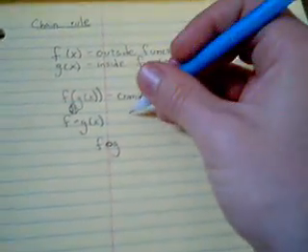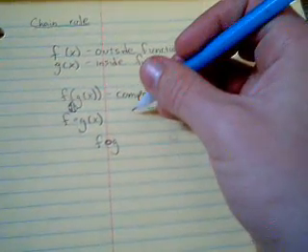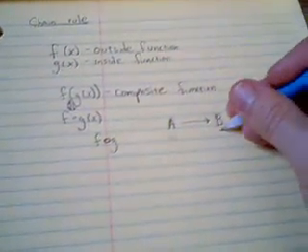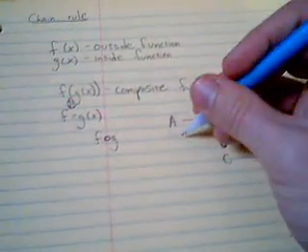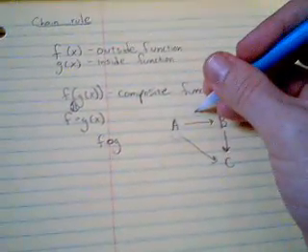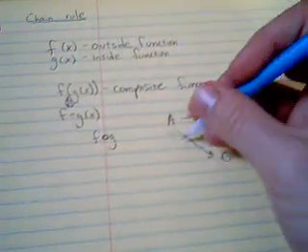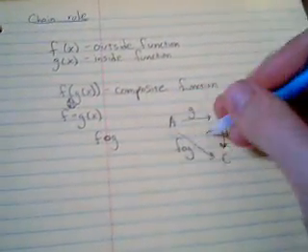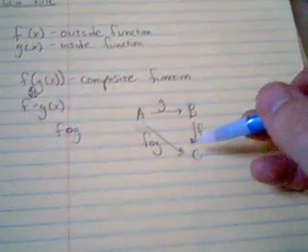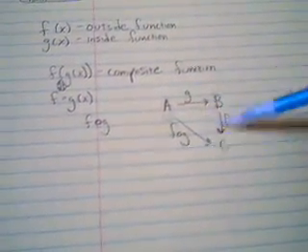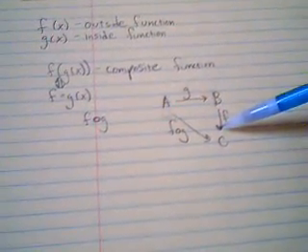Let's say you would be taking A to B to C, and this would be like g, and this would be like f. So then f composed with g. And this is actually a very powerful tool, thinking about functions and composites in this form.